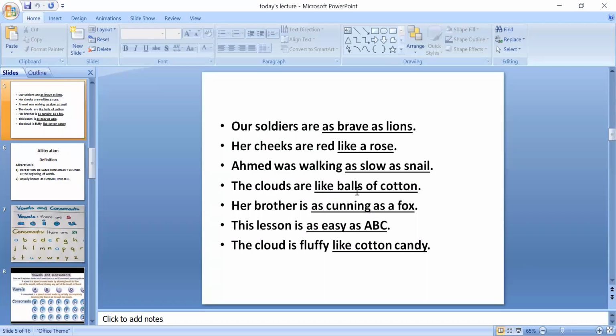The clouds are like balls of cotton. Her brother is as cunning as a fox. Cunning means clever. This lesson is as easy as ABC. And the cloud is fluffy like cotton candy. So you can see all these phrases are beginning with these two words, like or as. So this is called simile.